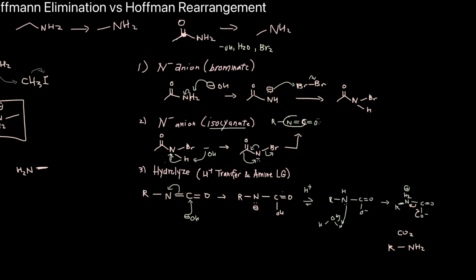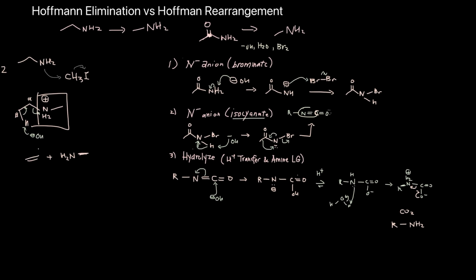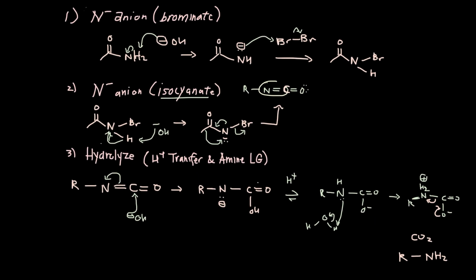Okay, so major takeaways are that in both of these reactions, the amine is a leaving group. But in the Hoffmann rearrangement, each of these three steps starts with a base attacking the hydrogen, and that will put an anion on our nitrogen. Same thing happens for all of these three steps.